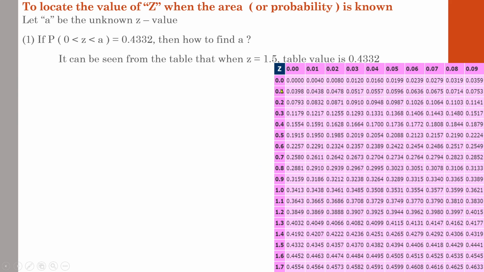Usually the values of row and column are like 1.5 or 1.25 or 0.71. You will be given that value, and the point where these 2 points intersect is the table value, or the answer of the question which we have been dealing with previously. But in this case, that value is already given, and from that you need to find what the points were. That is the concept. So you need to look for 0.4332.